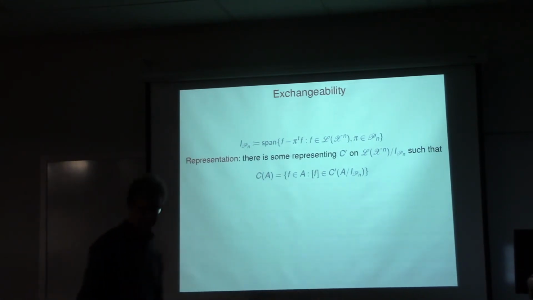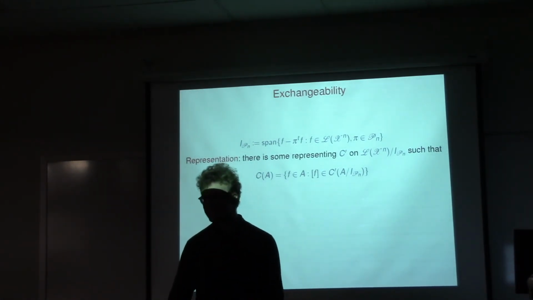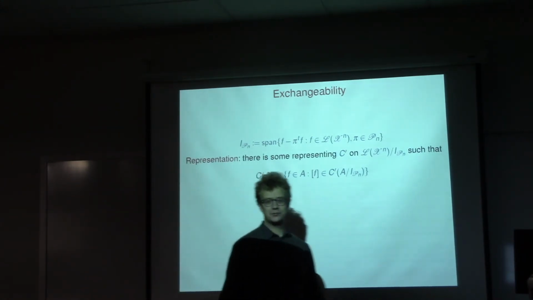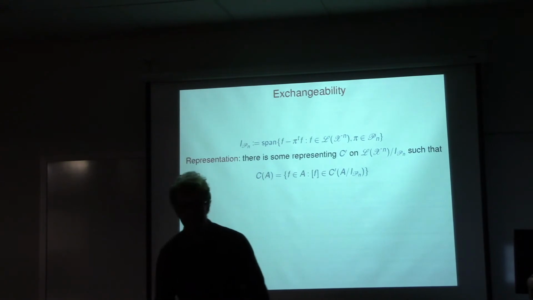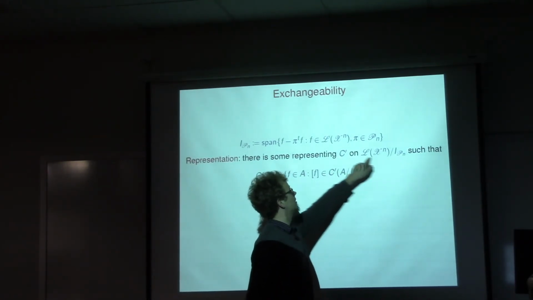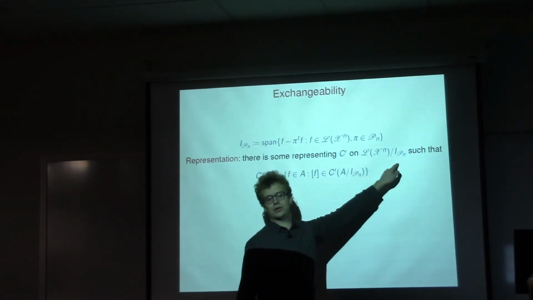So now I already have a representation theorem if you want. A choice function is exchangeable if and only if there is some representing choice function C prime on this quotient space.